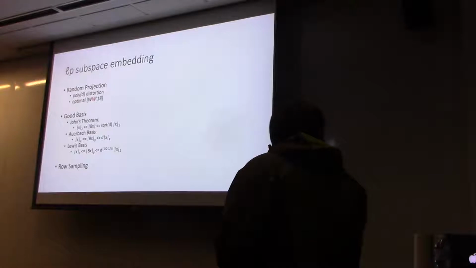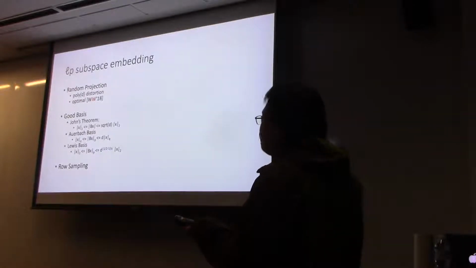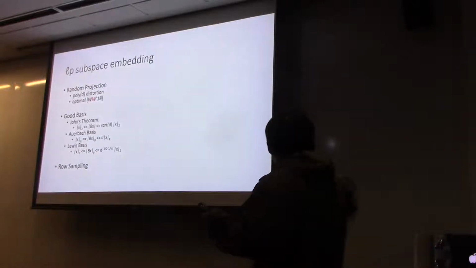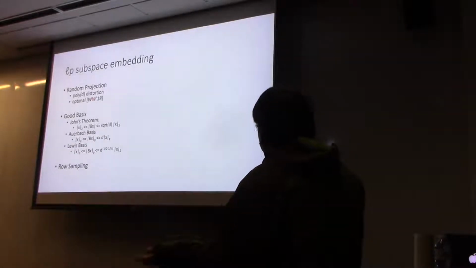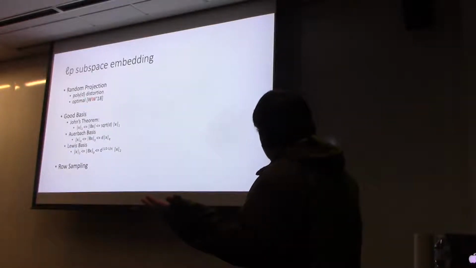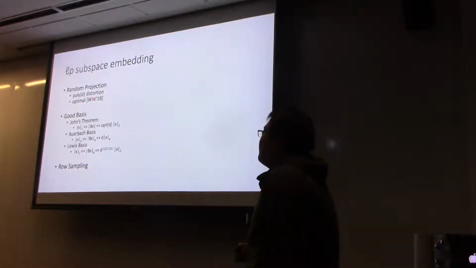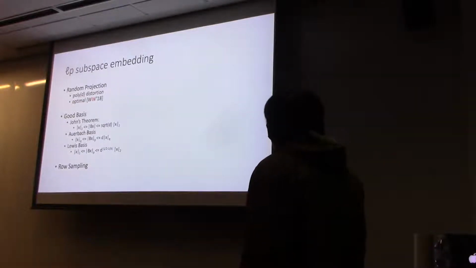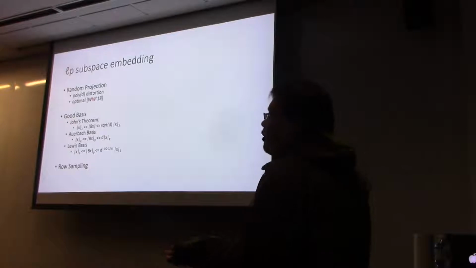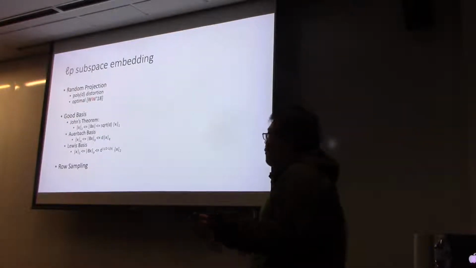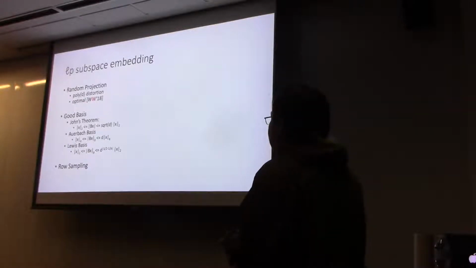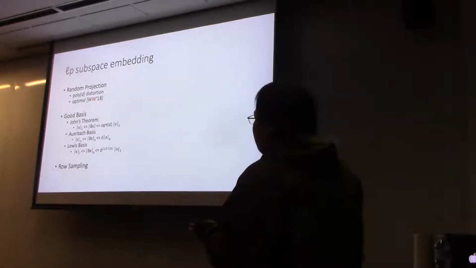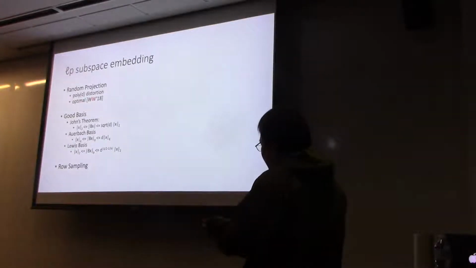So this cannot be used to get a 1 plus or minus epsilon embedding. Okay. So the second way we might want to try is something like what we have done here, to construct some kind of good basis and try to show that it can somehow preserve the norms of the vectors. But the Lp norm does not have a Pythagorean theorem, so you cannot actually use these kinds of good bases. So what kinds of bases are known for Lp? Well, there are at least three examples here.